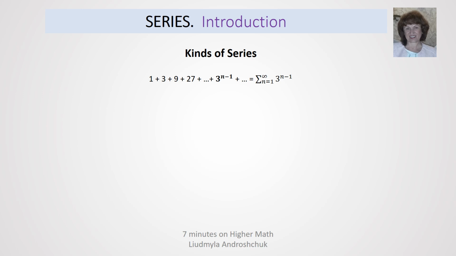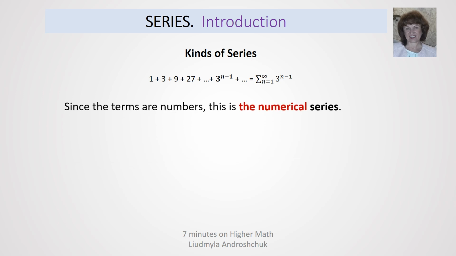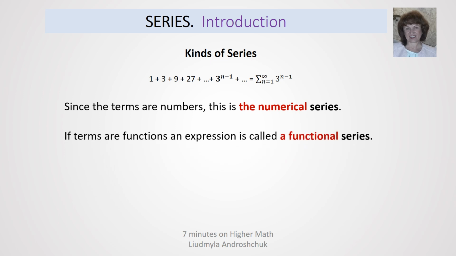Now the question, what kinds of series can be? Now we considered the series with numbers. 1 plus 3 plus 9, they are numbers, so this is called a numerical series. When terms of the series are functions, we have a functional series.